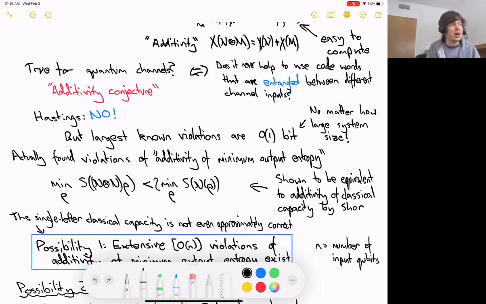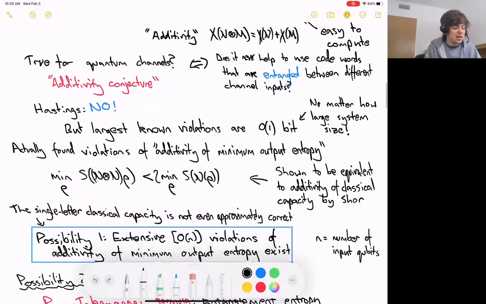We don't really know why. There's no crazy huge advantage to using entangled code words instead. It's just a weird no man's land of no one being satisfied about anything. Okay, so that's the situation of this conjecture right now.